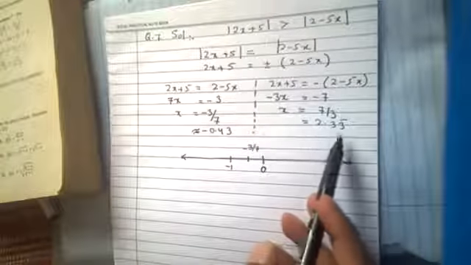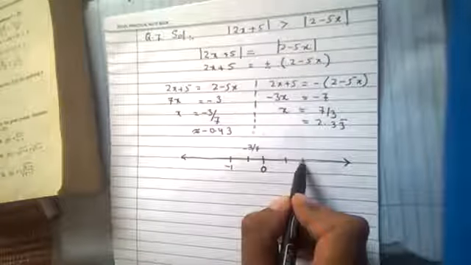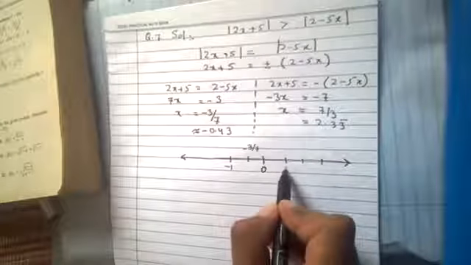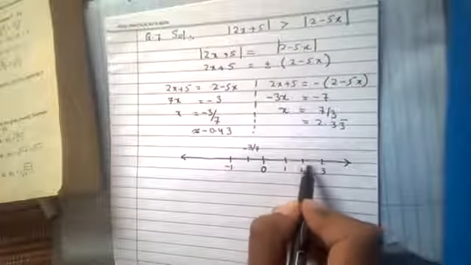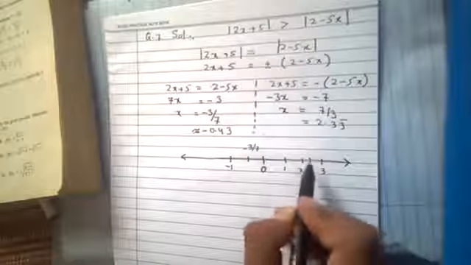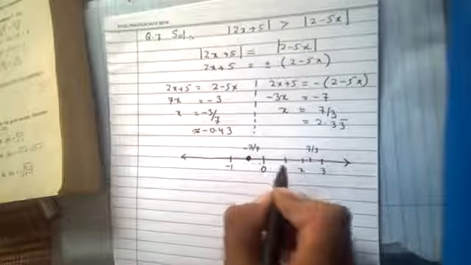And similarly 2.33, 7 by 3: this is 1, this is 2 and this is 3. 2.33 lies somewhere between 2 and 3, and it would be here, for example, and it is 7 divided by 3. We highlight these two boundary points.